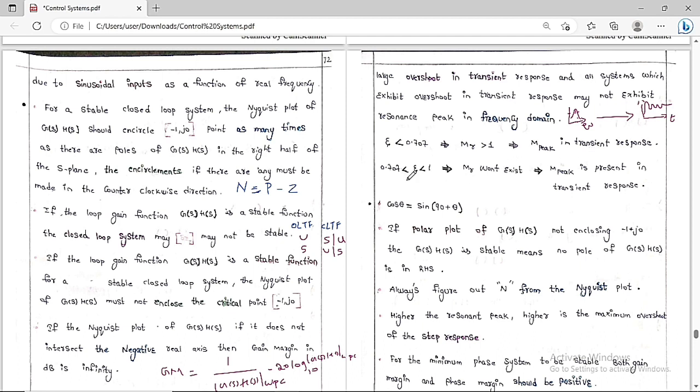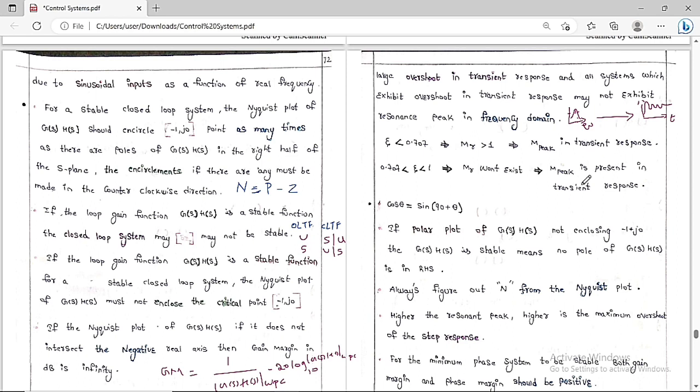Whereas whenever zeta value lies from 0.707 to 1, then we can say the resonant peak is not there. The resonant peak is not there, but there is a peak overshoot in the transient response. So finally I can say only one thing: suppose if there is a resonant peak, then by default we are going to have a peak overshoot in the transient response.